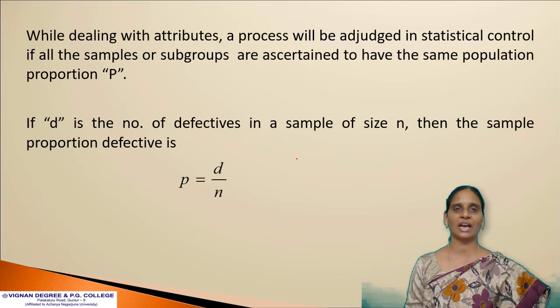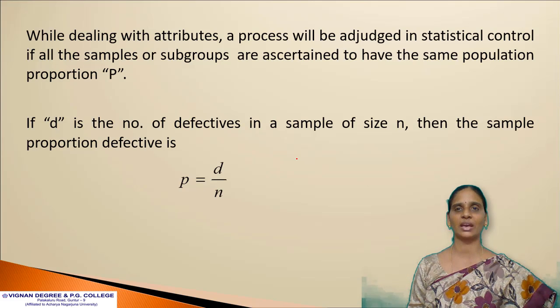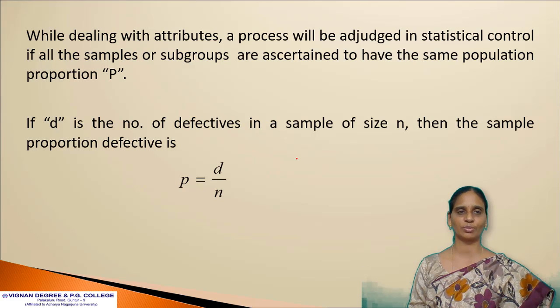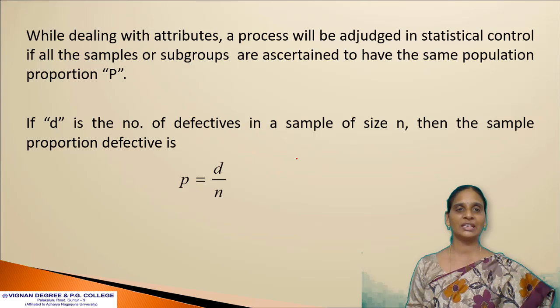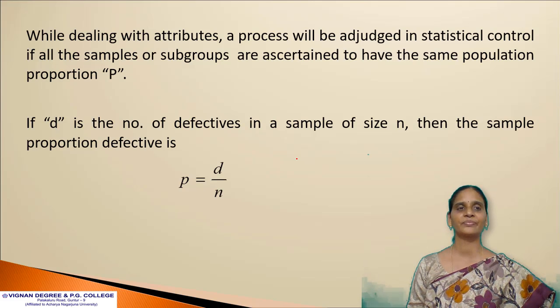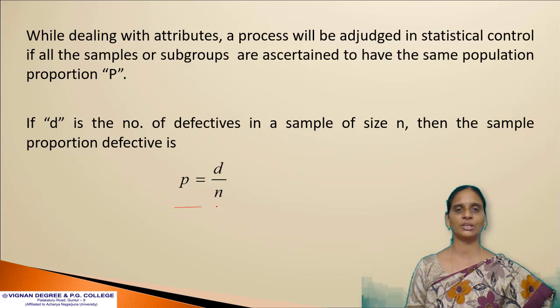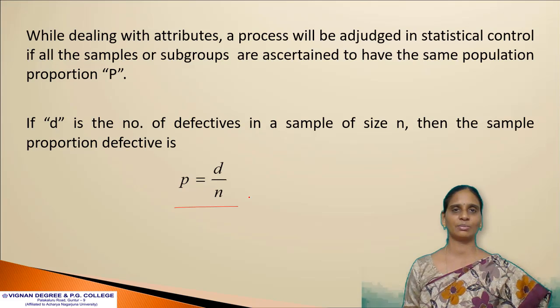While dealing with attributes, a process will be judged in statistical control if all the samples or subgroups are ascertained to have the same population proportion capital P. If D is the number of defectives in a sample of size small n, then the sample proportion defective is small p equal to D divided by n.